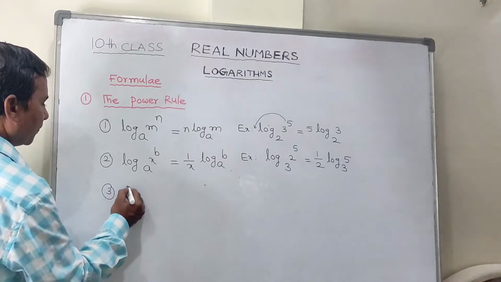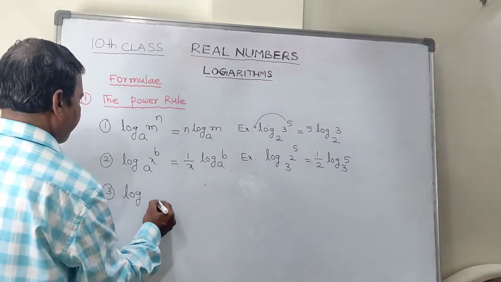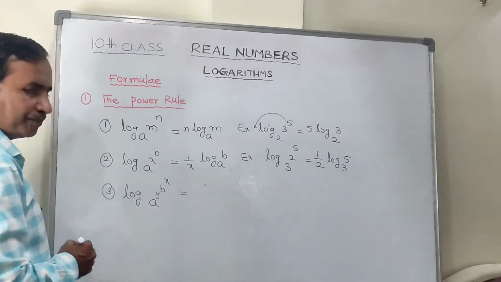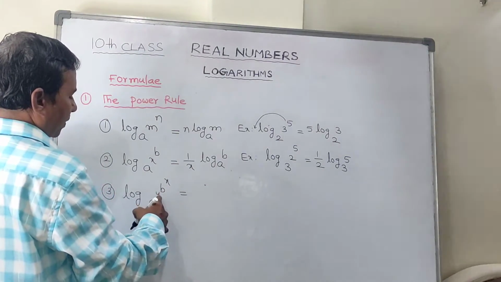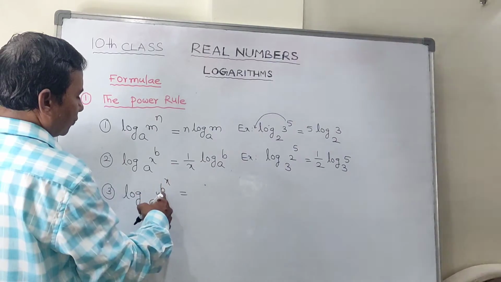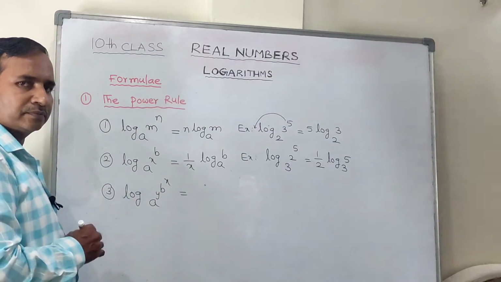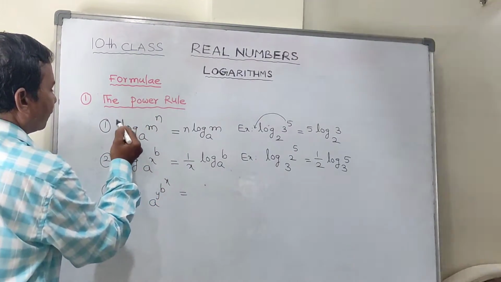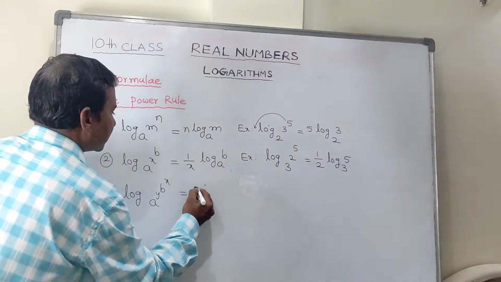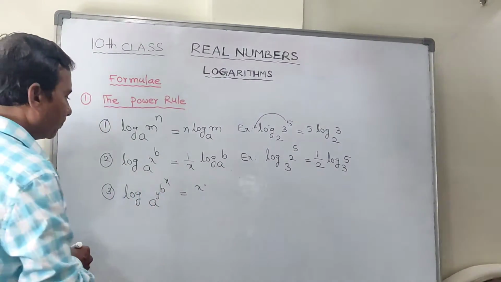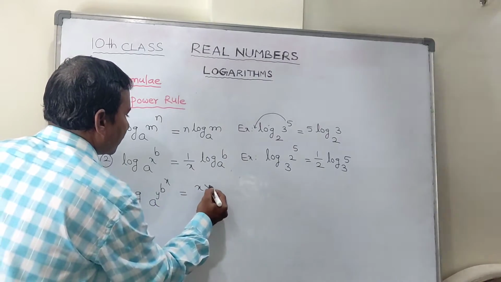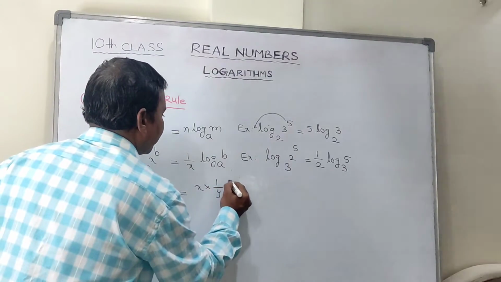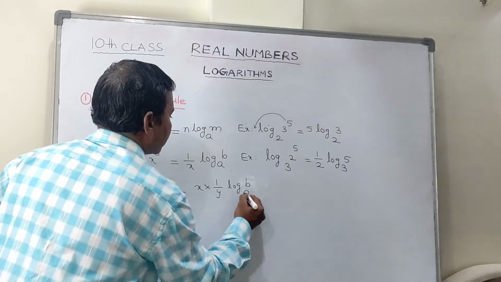Now, the third one: y to the power of b to the power of x. As per the previous formula, the topmost value will come to the front, and here also x comes like this, and this becomes 1 by y. Log b to the base a.